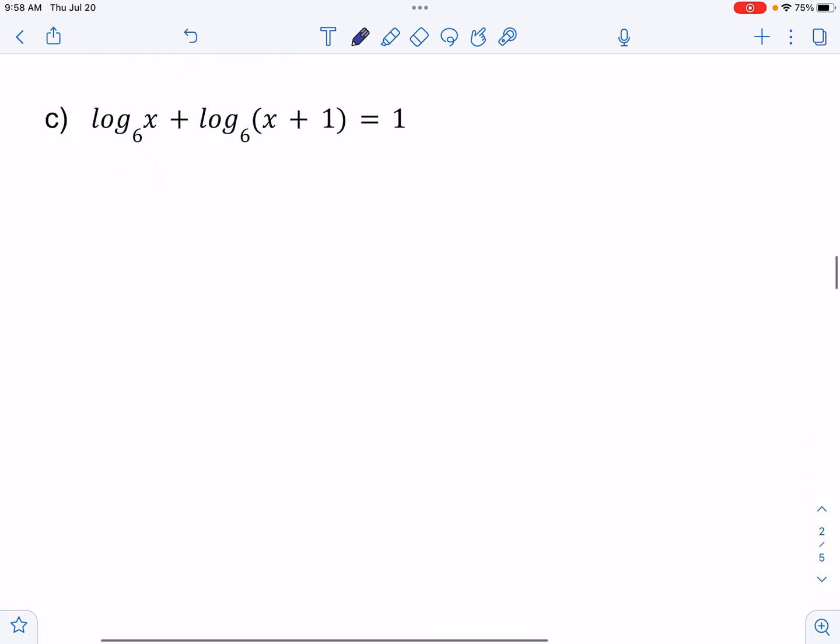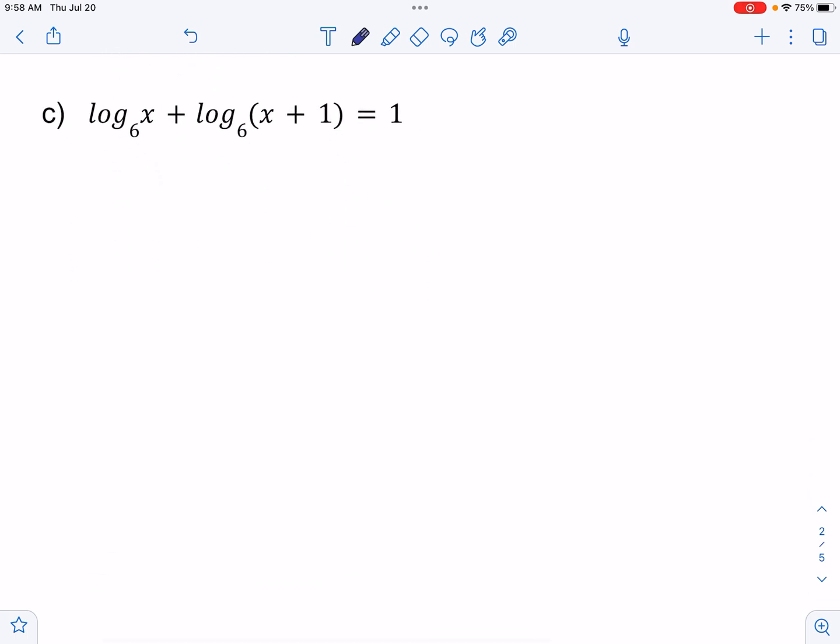All right, question C. Log base 6 of x plus log base 6 of x plus 1 is equal to 1. These two logs have the same base and they're being added. So what I'm going to do is combine them into 1 using that multiplication property.